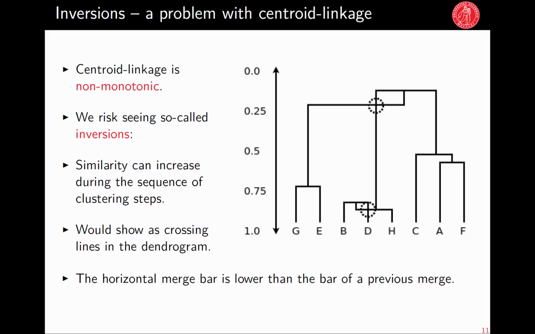So it breaks with this intuitive assumption that we have when we do clustering that for each merge we end up with a more general, less coherent cluster. So the lesson is that centroid linkage might seem like the most intuitive and straightforward measure to use, but it has some rather non-intuitive effects on the clusters that are found.